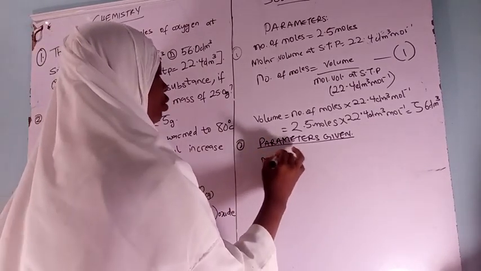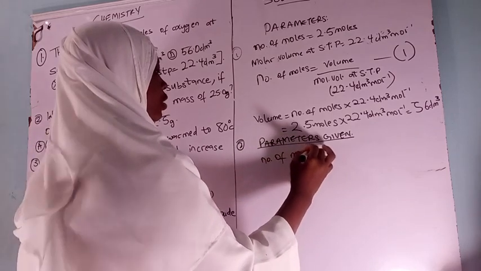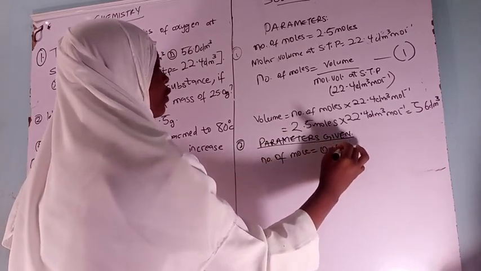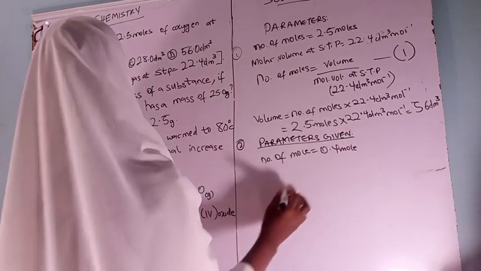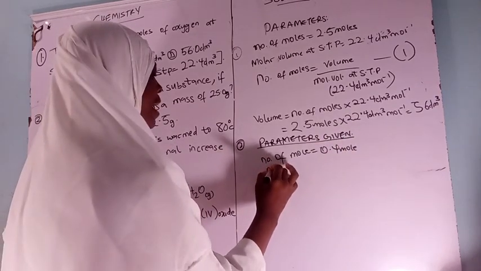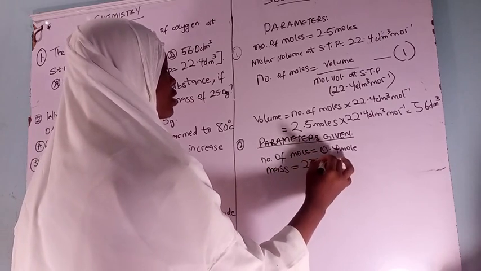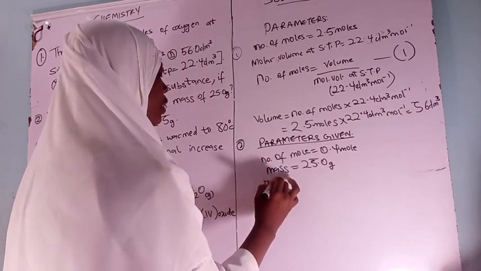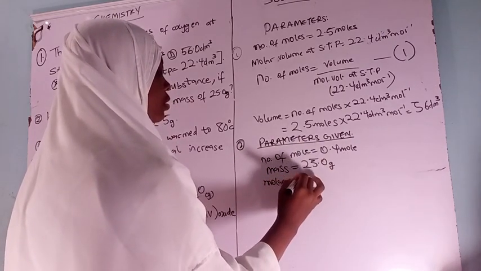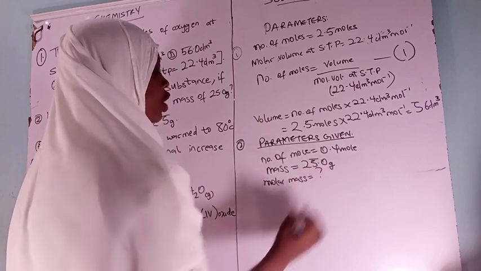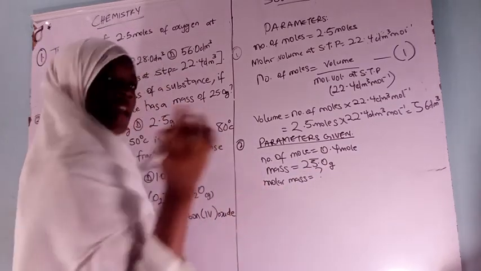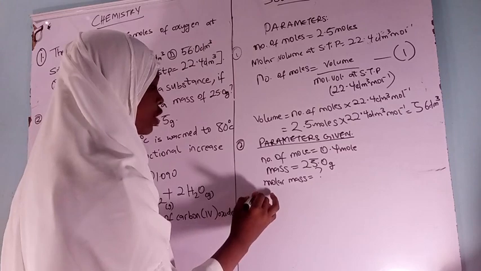Number of mole equals 0.4 mole. Mass equals 25.0 gram. Molar mass is unknown. Now, another equation for calculating number of mole.